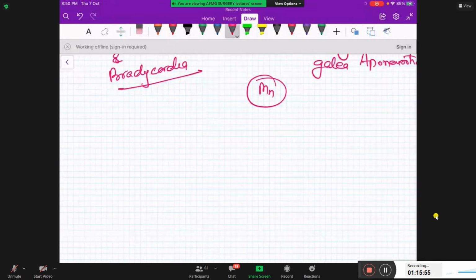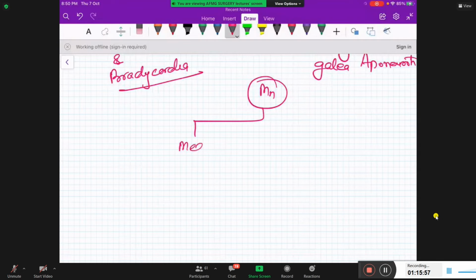So you should know there is a medical way of lowering intracranial pressure. There is a surgical way of lowering intracranial pressure.